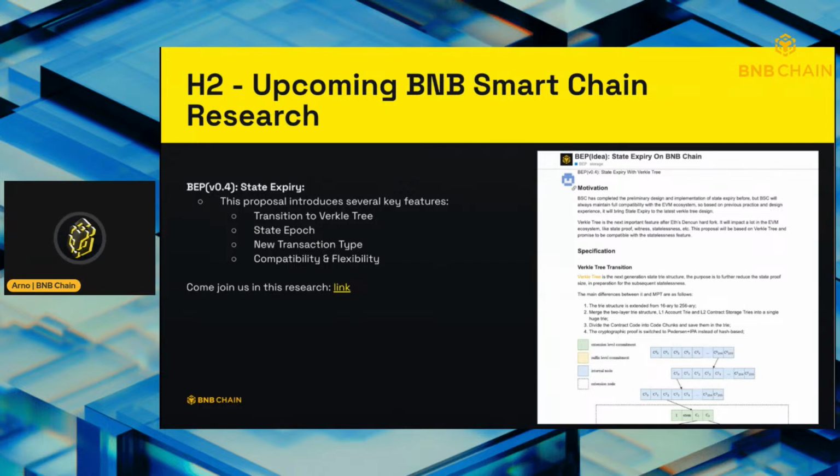One of those challenges is, as you know, the storage. Storage is growing increasingly in blockchain technology. Every time there's a new transaction or something new happening, the storage continuously grows nonstop.